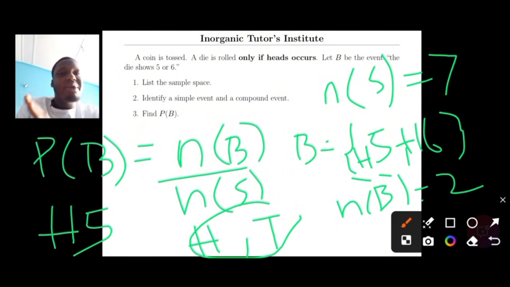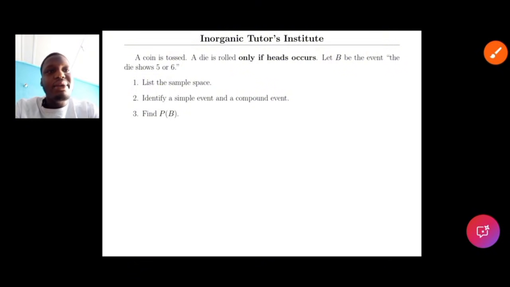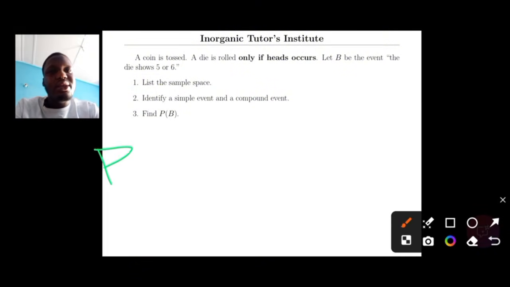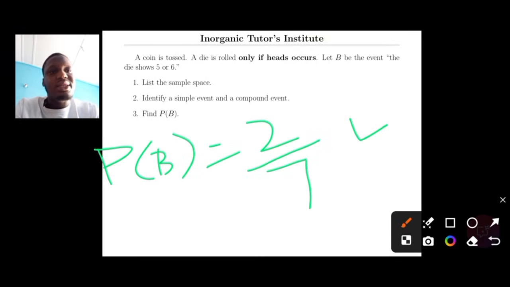So the number of elements in B is 2. Okay. So in that case, the probability of B, which is the number of B over the sample space, is 2/7. This is the correct answer to the question.